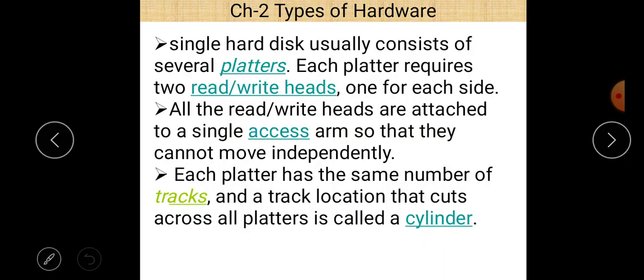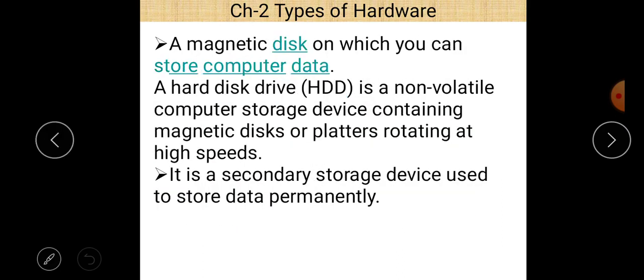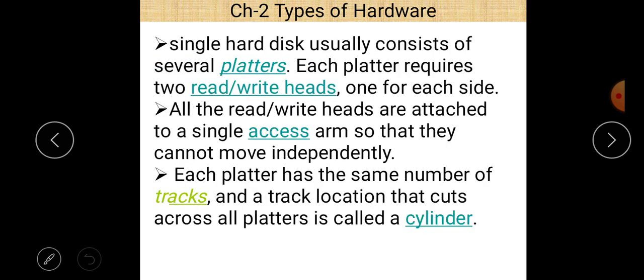Now let us revise the key points. First of all, a hard disk is a magnetic disk, and it is a non-volatile memory. It means we can store data permanently on the hard disk, and it is a secondary storage device used to store data permanently. A single hard disk usually consists of several platters, meaning disks, and each platter requires two read write heads.